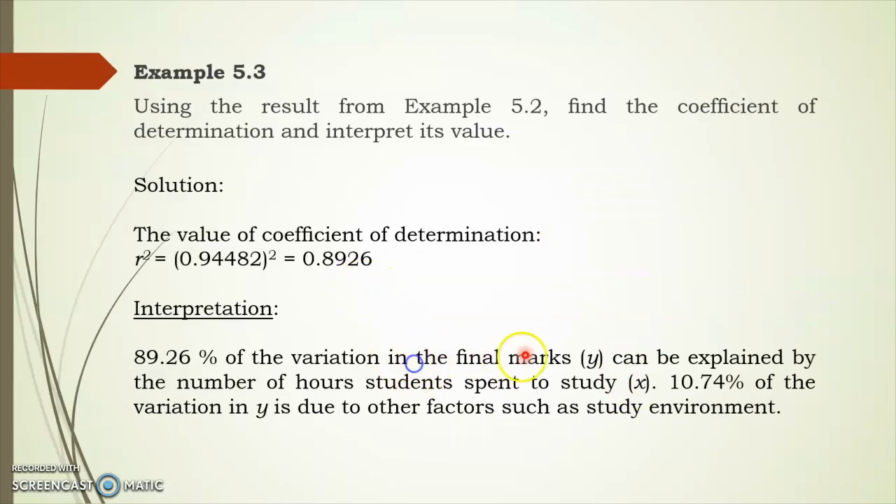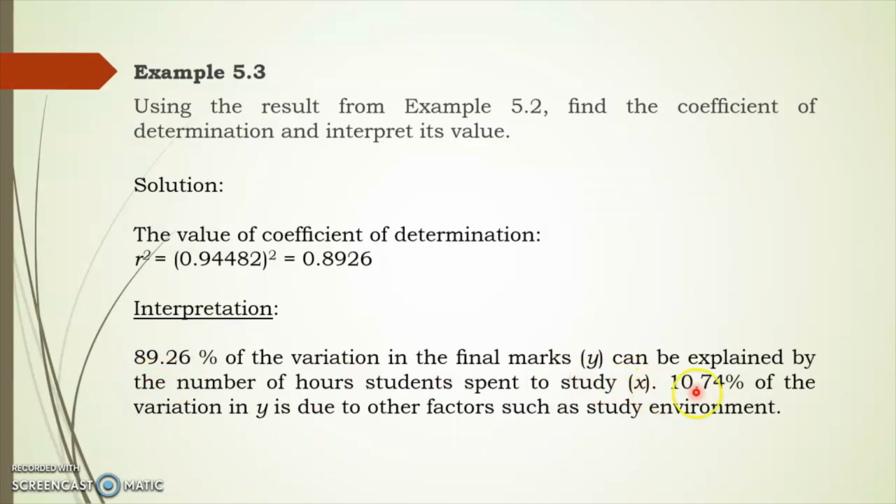Meaning that the final marks have been influenced, have been affected by the number of hours spent to study by 89%. Meaning that 89% of the final mark is caused, is explained, is predictable by the number of hours students spend to study.